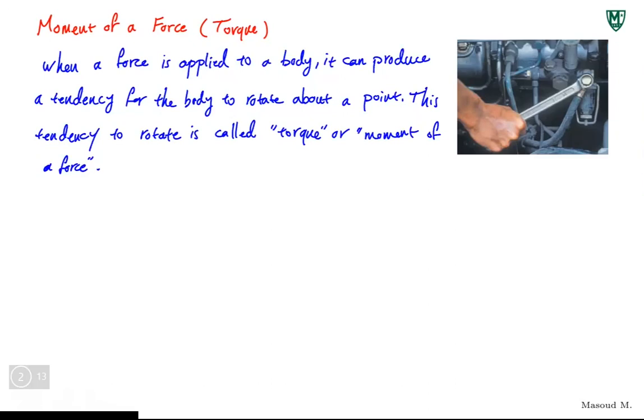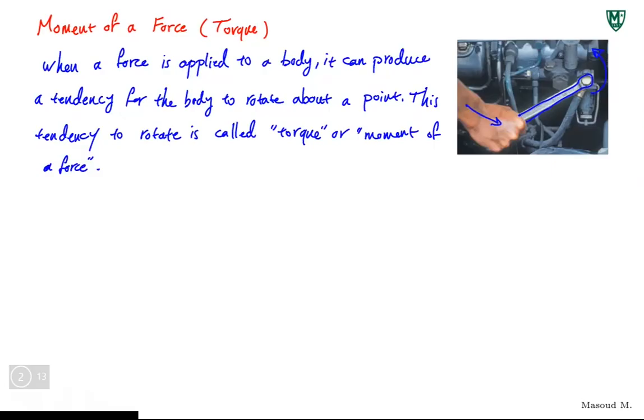In this case, the body is the wrench, and you're applying your force to this, and it creates a tendency in this wrench. You've seen it, you've felt it. A tendency, let's say if you are going this way, there's a tendency to rotate. You're pushing this to rotate, and then your wrench rotates around that point.